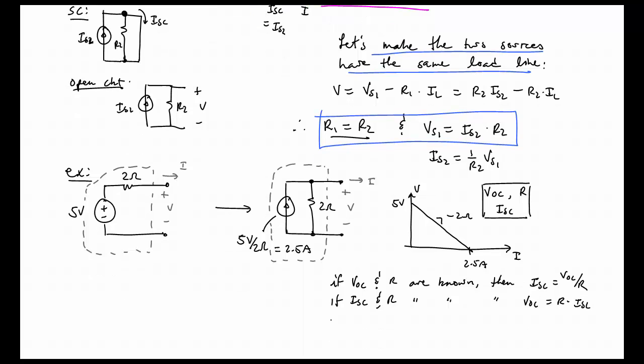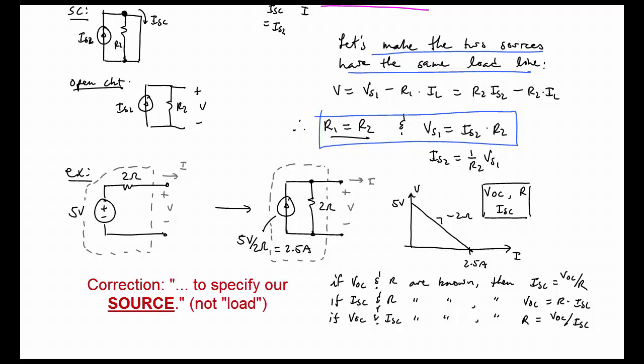And finally, if we were actually just given V open circuit and I short circuit, then we would say that R is simply equal to V open circuit divided by I short circuit. In other words, only 2 of the 3 are needed to uniquely specify our load.